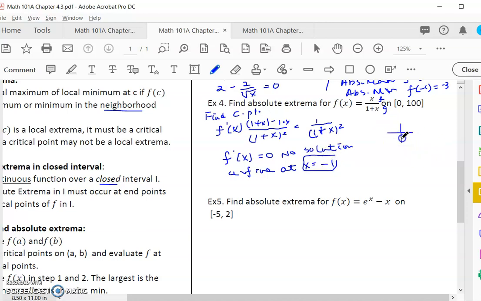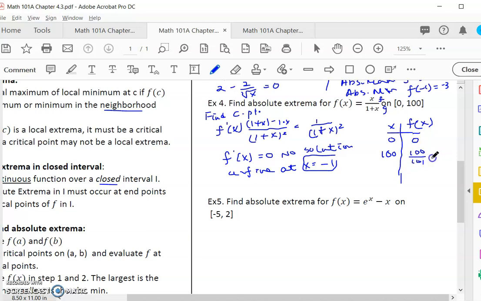Now we are to build a table. x, do I have to put -1? No. Why? Because it's not in 0 to 100. So all we need to do is just 0 and 100, and there is no f prime equal to 0, so no solution. And then I'll do f of x. I can actually do it by hand. 0 over 1 is 0. 100 over 101.